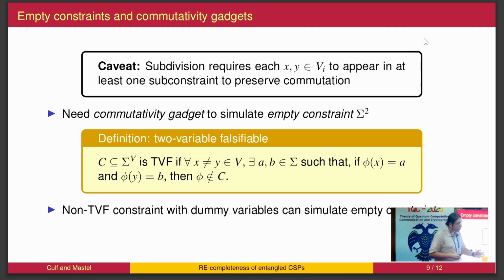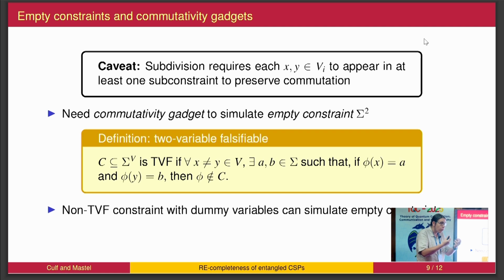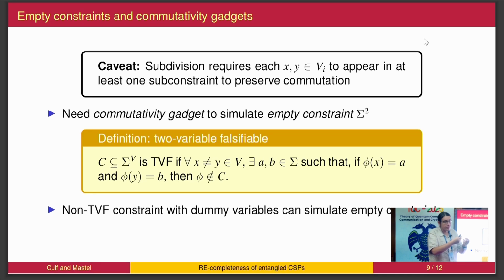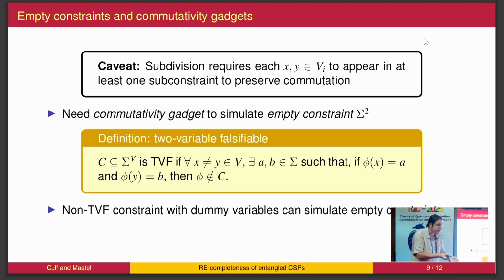So what you do is you use this constraint where you have these variables you can extend and add dummy variables to the extension, so that no matter what pair of variables you have in these distinguished positions, there's always an extension that makes it satisfied. So there are no constraints on the variables in these distinguished positions, but they are part of the same constraint, so they have to be measured at the same time, and therefore they should commute.